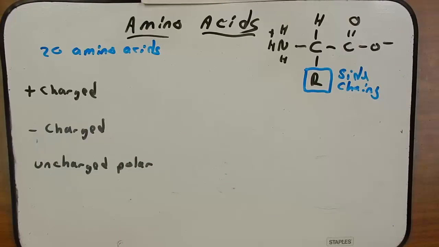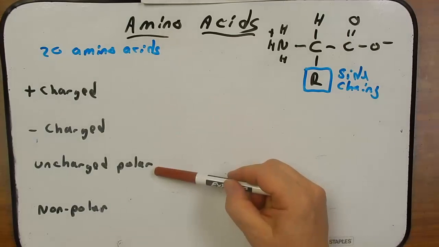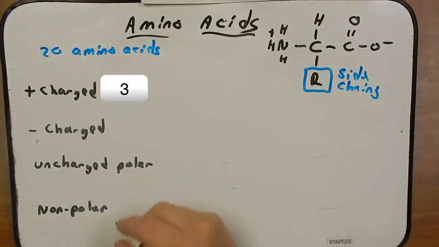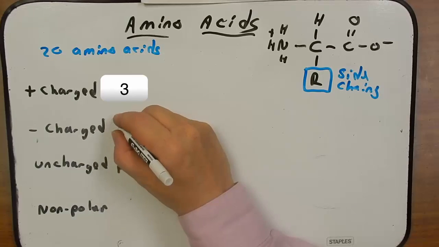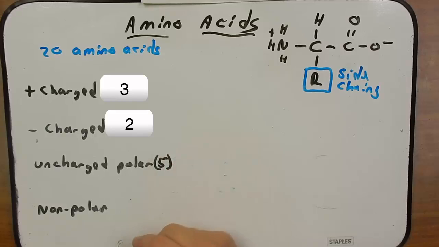They still have a polar characteristic to them, but they don't have a charge. And then finally, we have nonpolar amino acids. Sometimes I'll refer to these nonpolar amino acids as hydrophobic amino acids. So these are the polar ones and then the nonpolar. We have 3 positively charged amino acids, 2 negatively charged, 5 uncharged polar, and then 10 nonpolar.